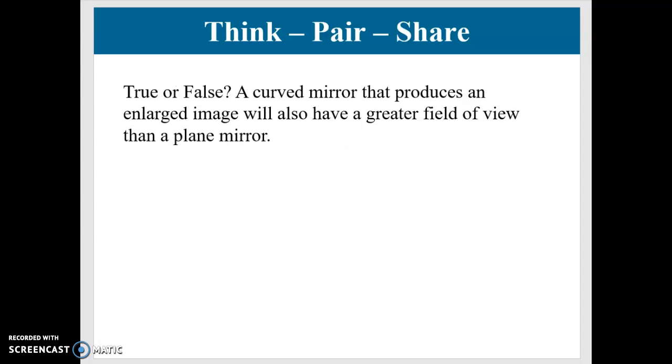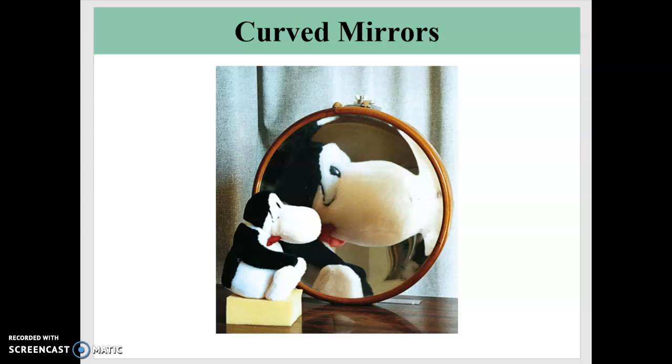And what about true false? If we have a curved mirror that produces an enlarged image, we'll always have a greater field of view than a plane mirror. Now, this one is false, and the reason being, remember that enlarged images have smaller fields of view.